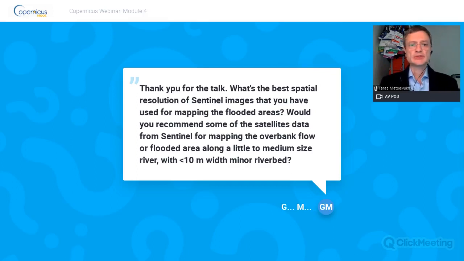What's the best spatial resolution of Sentinel images that you have used for mapping flooded areas? Would you recommend some of the satellite data from Sentinel for mapping overbank flow or flooded area along a medium-sized river with 10 meters? Yes, so that's an excellent situation that I visualized for you. The rivers on this picture are actually about the size that you mentioned, less than 10 meters.